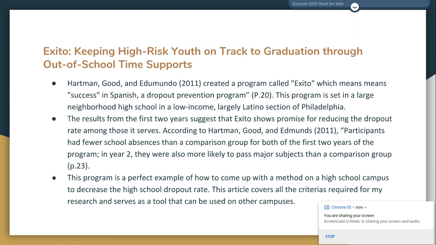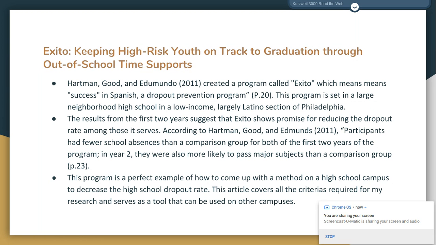This program basically allows students to receive tutorials, and also they did project based experiences to get them interested and promoted into their high school experience. This was a perfect example of methods in order to keep students in school.